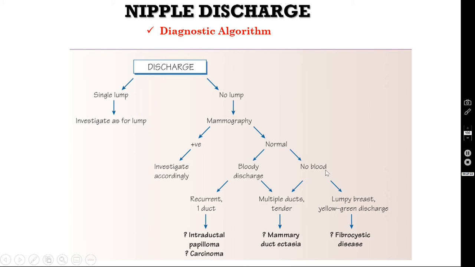If there is no blood, and a creamy discharge is coming from multiple ducts, then also you have to think of mammary duct ectasia. If there is no bloody discharge, a lumpy breast and greenish discharge, then you have to think of fibrocystic disease or fibroadenosis.